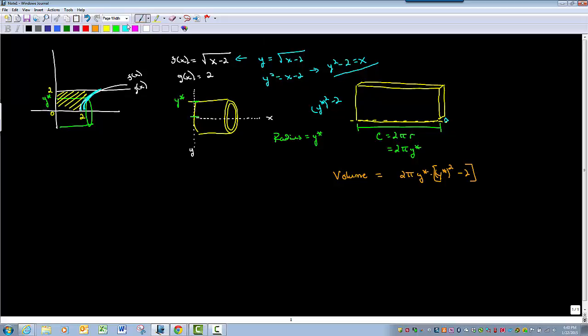And let's talk about why it's delta y. You get so used to writing delta x. So delta y. What is delta y? Well, look, as we form this thing, it has a small width, right? You can see that little width here. Okay, that is this length right here.